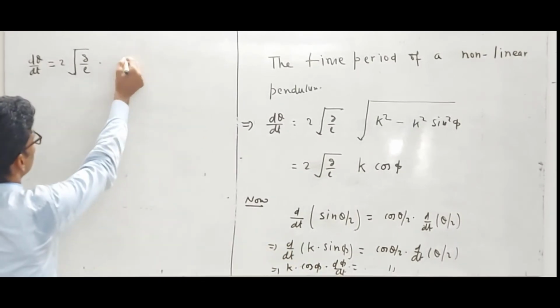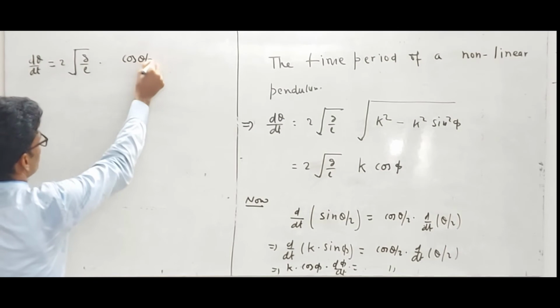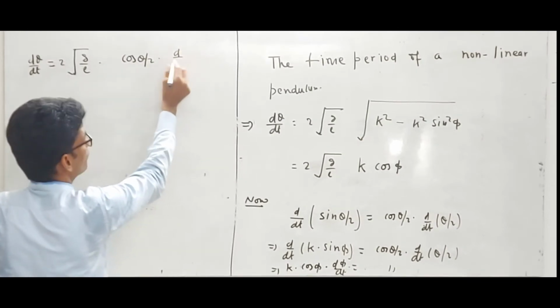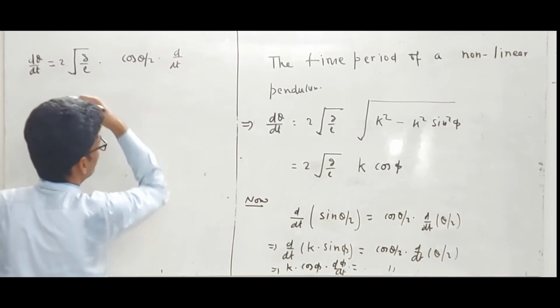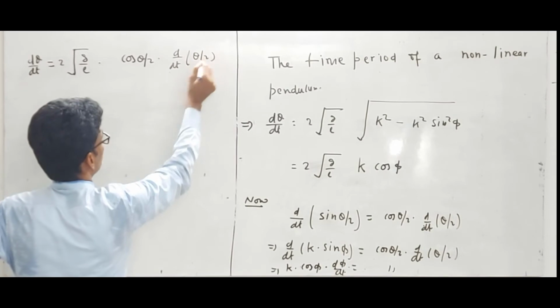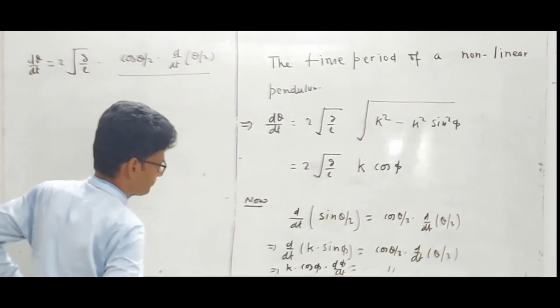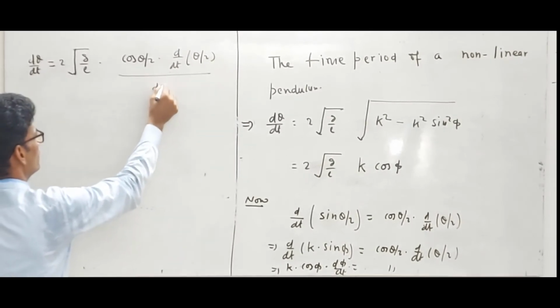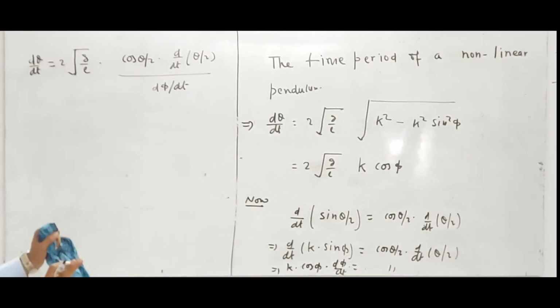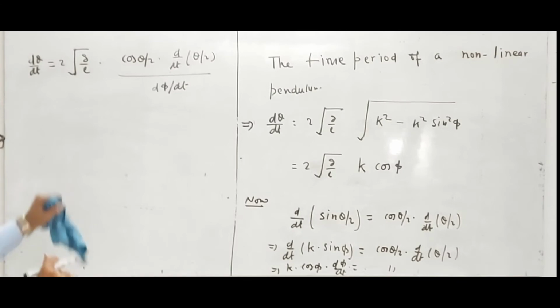So it is cos theta by 2 times d by dt of theta by 2 over d phi by dt. So this is the result right now.